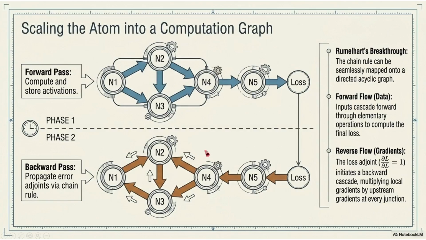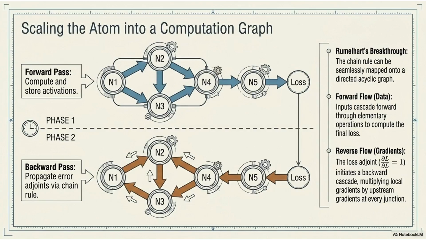So how do we scale that single multiplication up to a massive neural network? This brings us to Rumelhart's breakthrough. The chain rule can be seamlessly mapped onto a directed acyclic graph. Think of it in two phases. Phase 1, the forward pass: inputs cascade forward through elementary operations, computing and storing activations until they spit out the final loss.